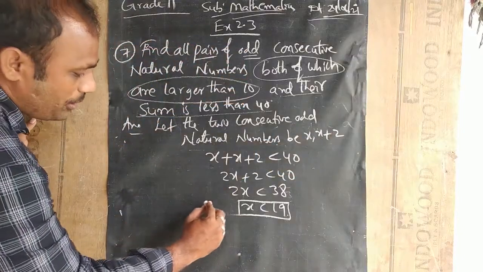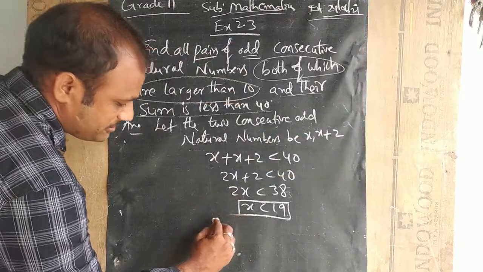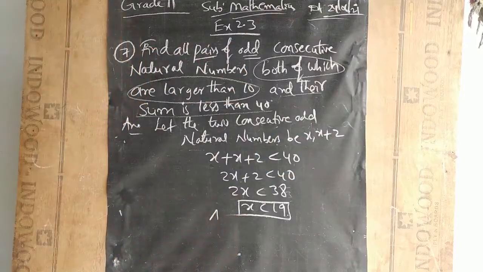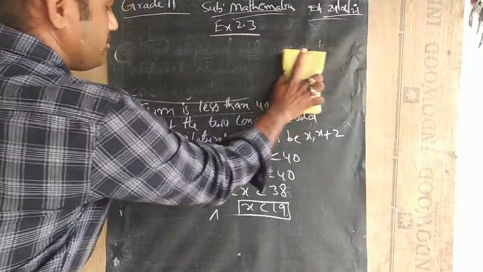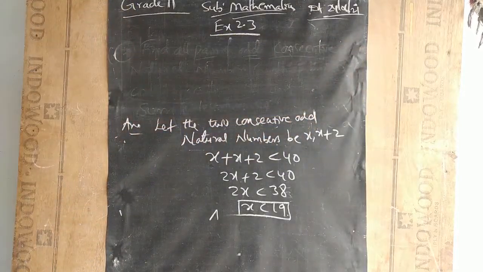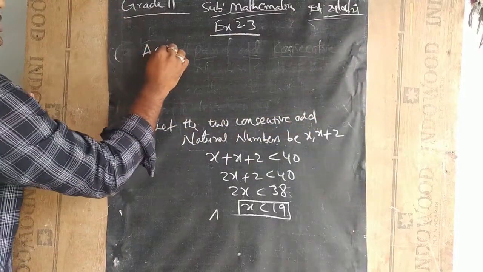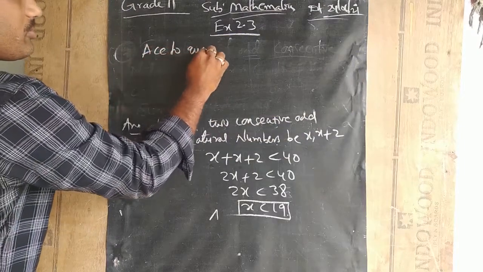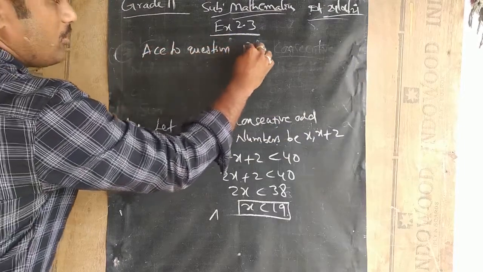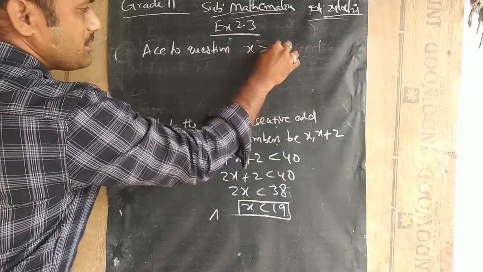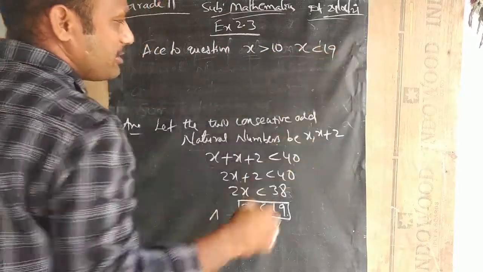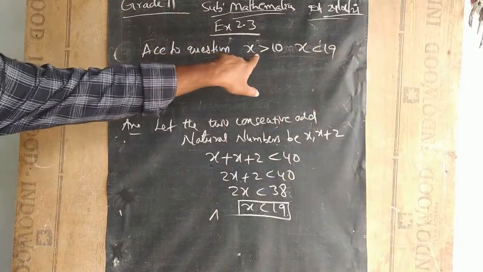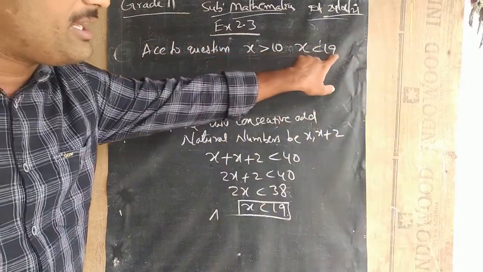Means according to the question, whatever the two values are there, they are larger than 10. And now condition we got is x less than 19.